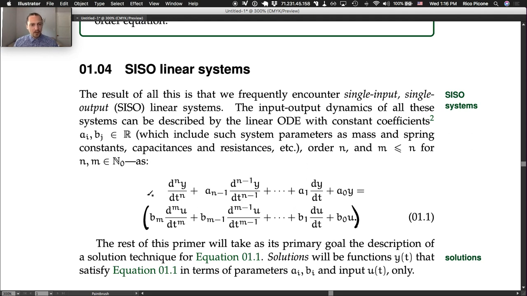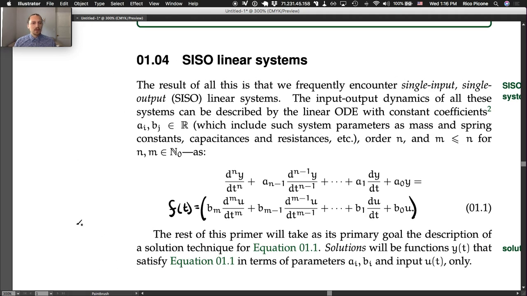But something that we are going to do to simplify what we're doing here, and in fact this is a very useful technique, is we're going to give a name to everything on the right-hand side. We're going to say that all of this is some function of time f of t, and we're going to call it the forcing function. So the forcing function f of t is equal to all this.